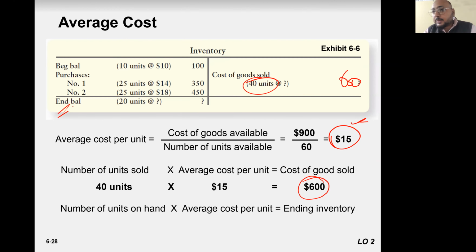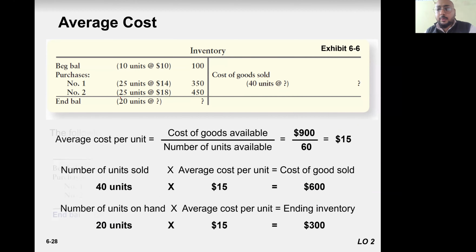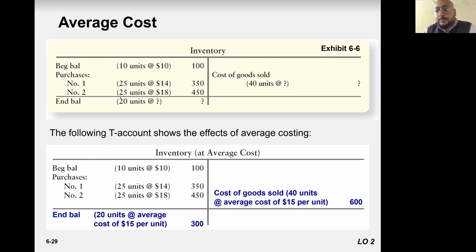And what is the ending balance of the inventory? 20 units multiplied by 15. So this one is very easy. In this case, you find out the cost of goods sold is the average cost. The ending balance of inventory is also the average cost.